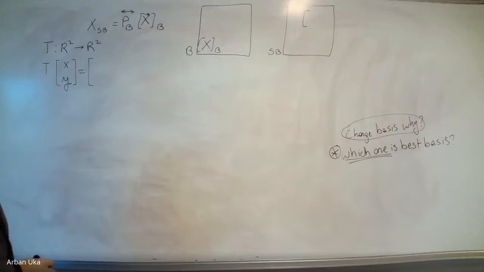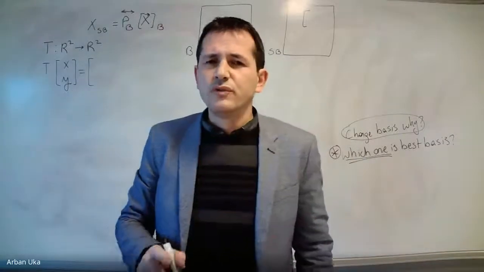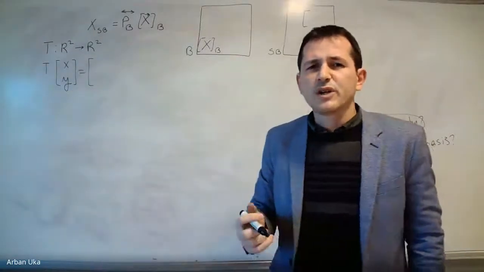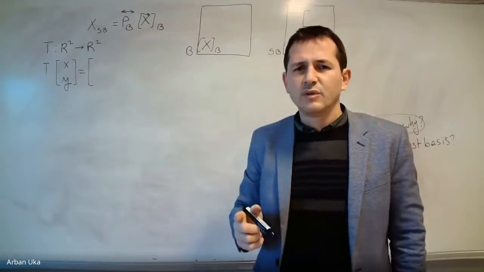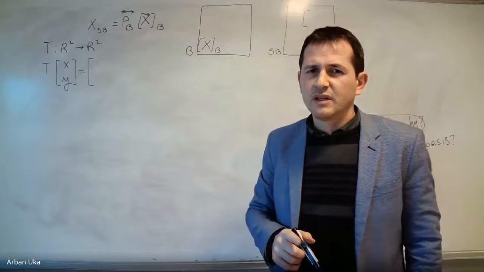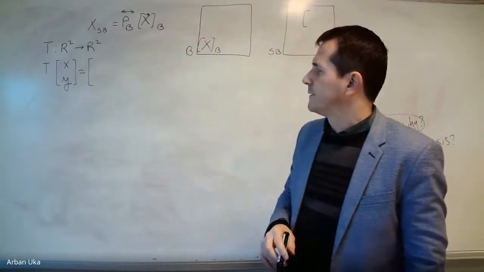X times y and y minus x. No, don't use the multiplication, because if you use the multiplication, this expression is not linear anymore, okay? It is non-linear. We are dealing with linear algebra. So let's use only subtraction and addition. X plus y and x minus y.